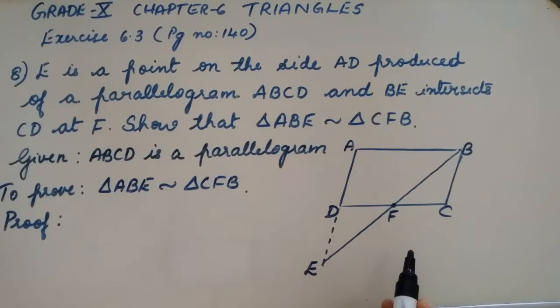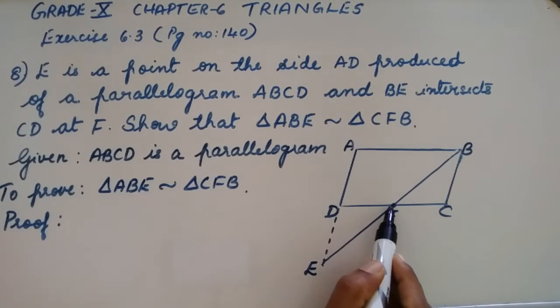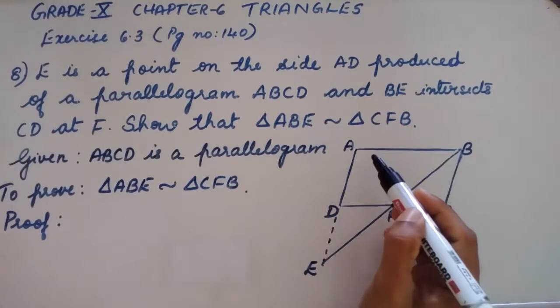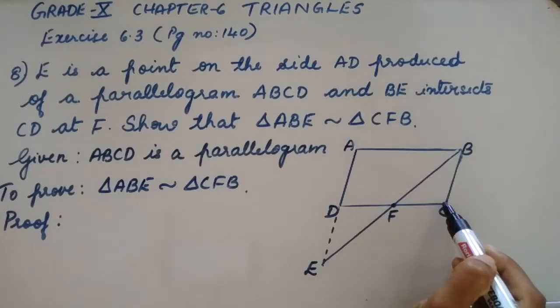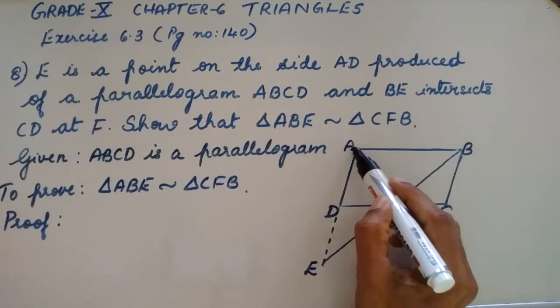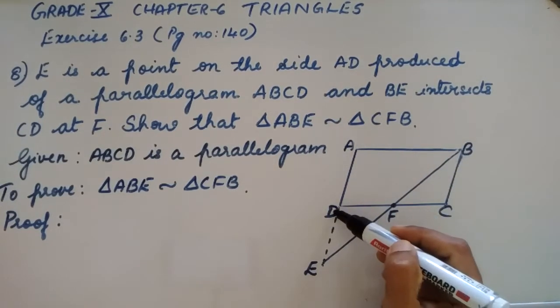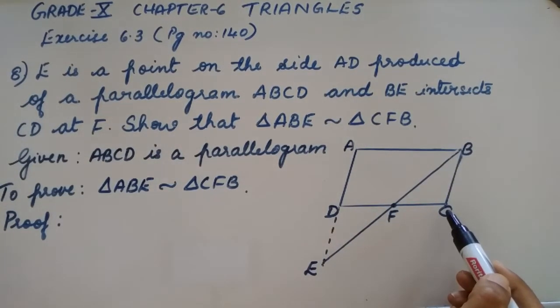So here, see this parallelogram. In this parallelogram, I told you that the opposite sides are parallel. Isn't it, students? That is, the side AD is parallel to the side BC and side AB is parallel to side CD.